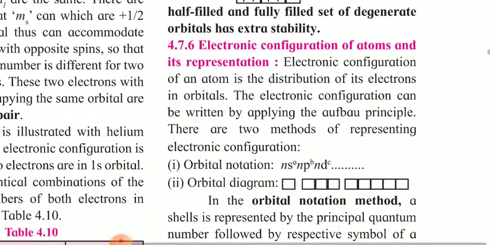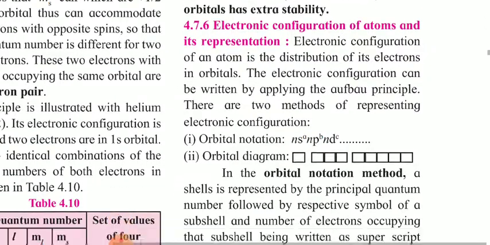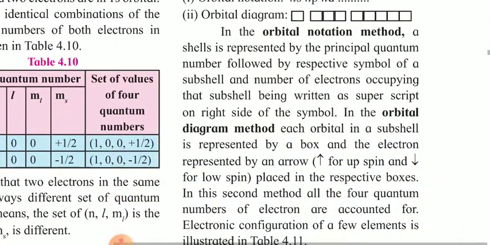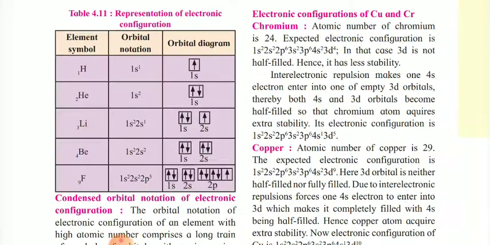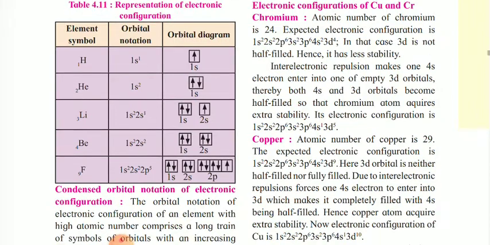Now students, if you look at the electronic configuration of atoms and their corresponding representations, we can take it with different examples. For the hydrogen atom, we can represent its symbol like this, H with 1 at the base. It indicates the atomic number, and the orbital notation will be 1s1, and the orbital diagram will be like this.